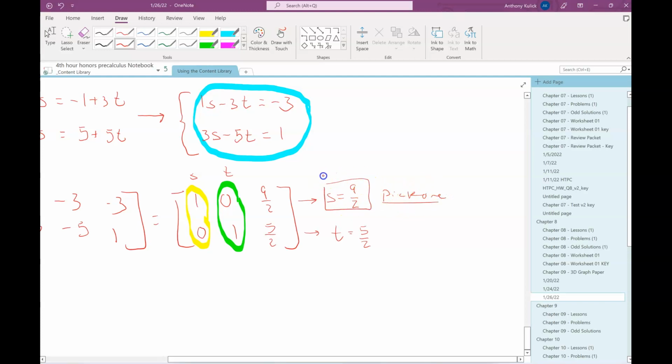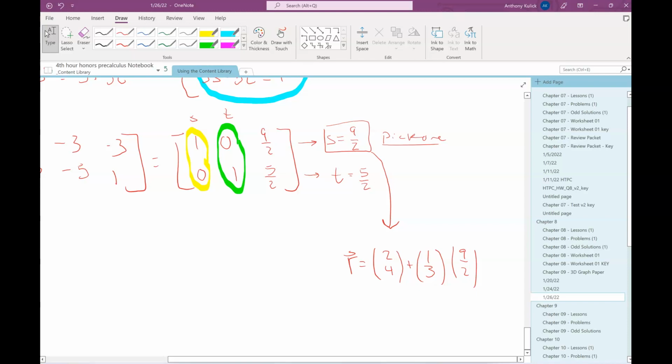I'm going to pick S. So once I have S, I'm going to take my vector line equation that had the S in it, and plug in 9 over 2 for S. So when I do that, I do the scalar multiplication between the vector 1, 3 and the number 9 over 2.